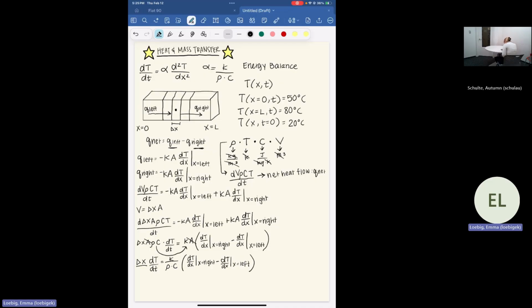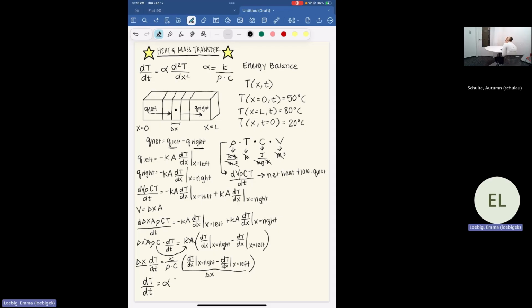Dividing both sides by delta x, we are now left with the derivative of temperature with respect to time is equal to the thermal conductivity divided by our density times our heat capacity, which we said earlier is our alpha, our thermal diffusivity term, multiplied by the first derivative of temperature with respect to position divided by a change in position.